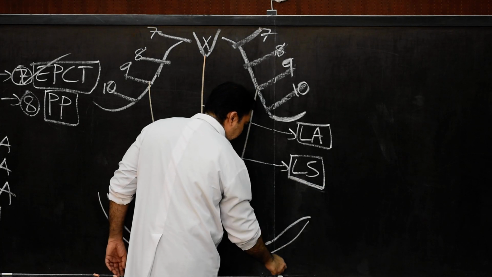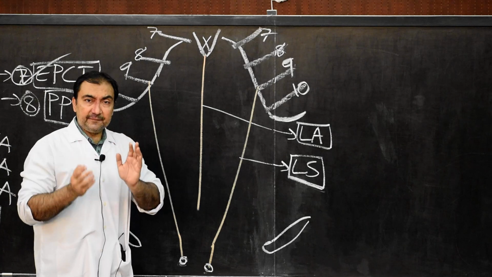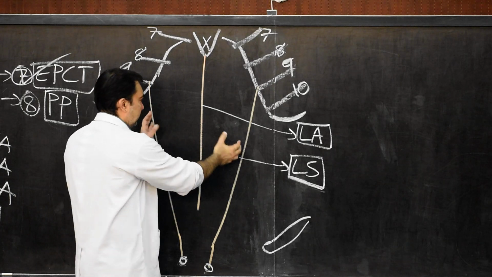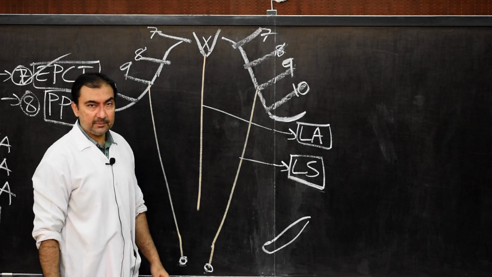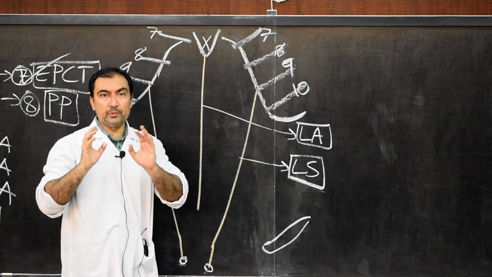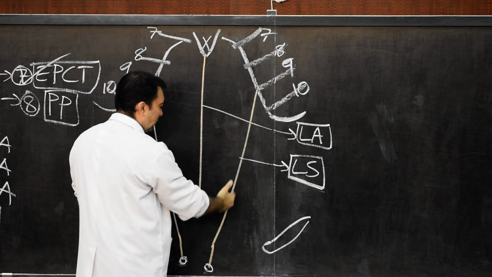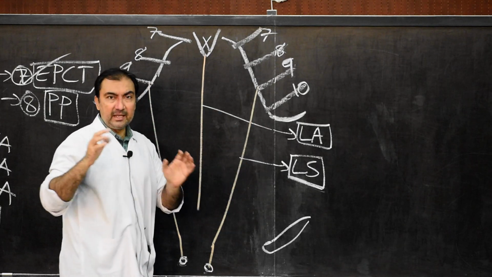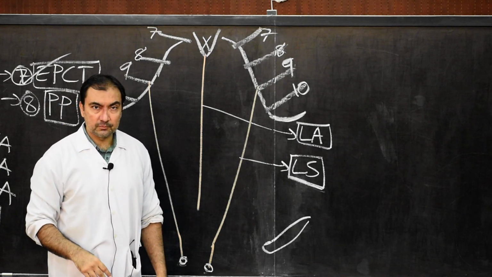Linea semilunaris is present on the lateral border of the rectus abdominis muscle, which lies in the median plane. This is terminology number 2.